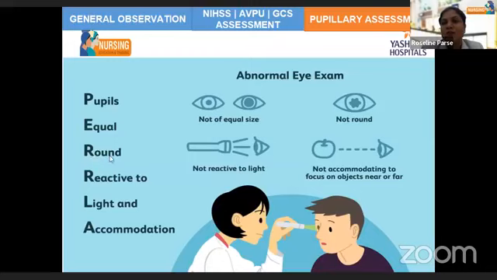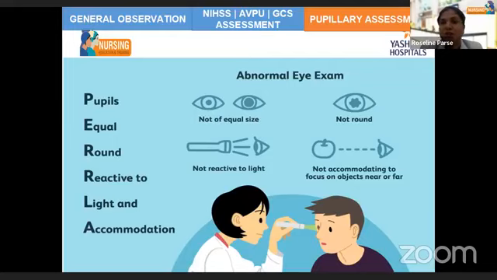And the normal shape of the pupil is always round. So pupils equal, round, reacting to light. A normal reaction to light is always constriction and accommodation. When you focus the light onto one eye, the other eye also tries to accommodate. So normal pupillary reaction when documented would be pupils equal, round, reacting to light, and accommodation.